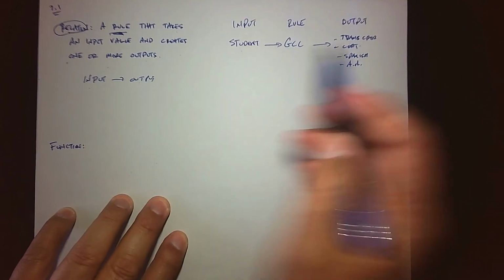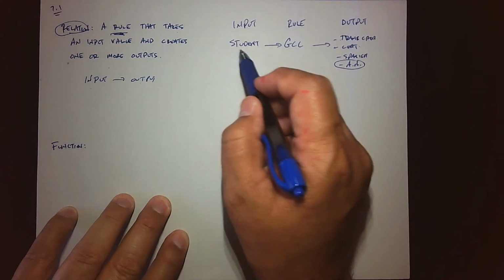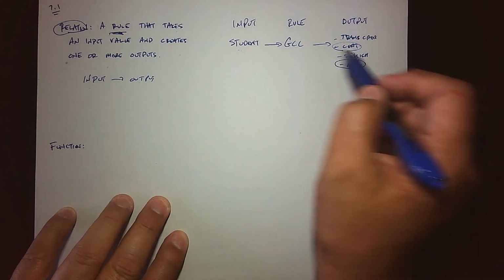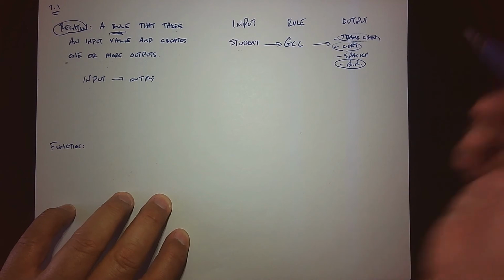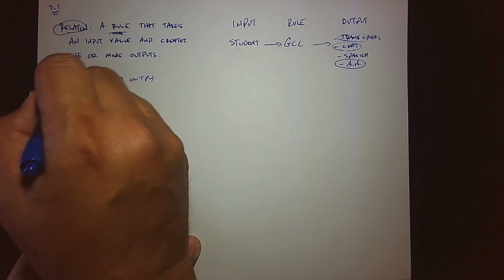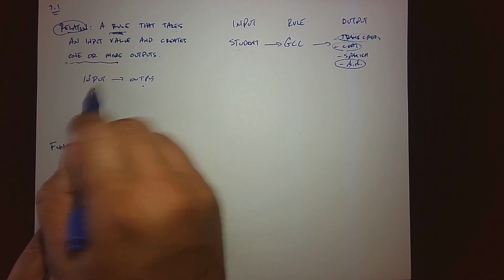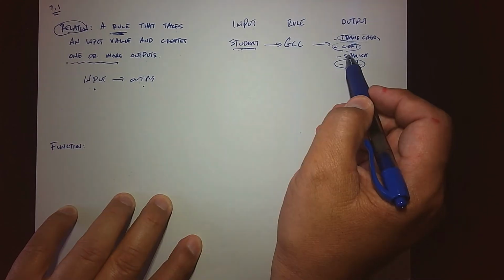So maybe for one of you, the only thing you got out of GCC was an AA degree. Maybe some of you got an AA and some certification. Maybe some of you got an AA, a certification, and transfer credits to go to ASU or NAU or the U of A. So that's the idea that one or more outputs are created by some sort of an input. And notice that you are unique, right? So for one student, the output might be a little bit the same or a little bit different for another student.